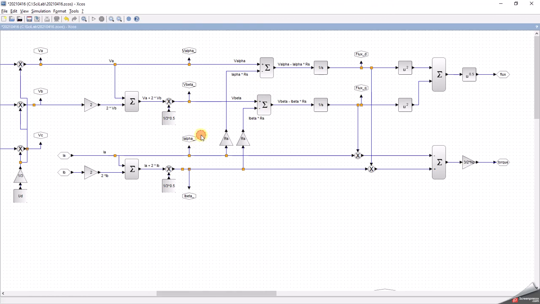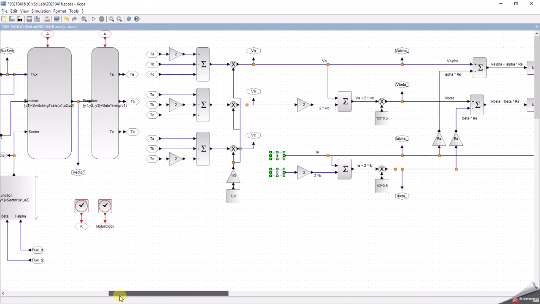The only thing I need to know at this point is the stator resistance, not the rotor resistance. That's all I need to know. So I need to know the stator resistance and the current coming back from the motor. That's essentially two CTs measuring the current.